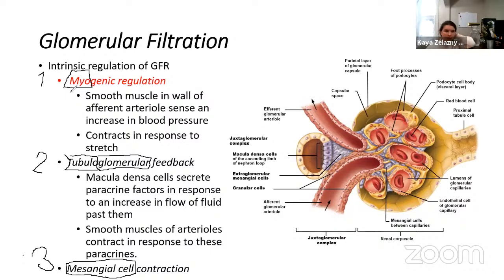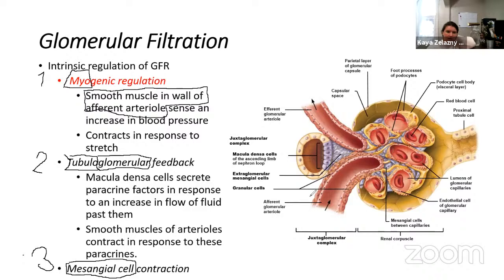Okay, so starting with the myogenic regulation, the myo part, the specific muscle we're talking about, is the smooth muscle in our afferent arteriole. Okay. So just like other arterioles throughout the body, like when we talked about our systemic circuit, right?